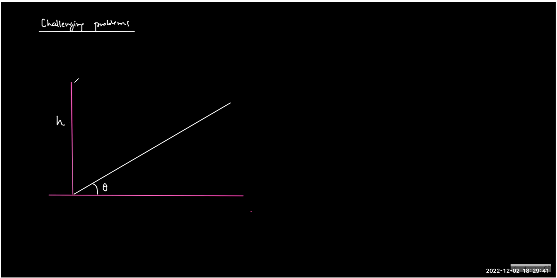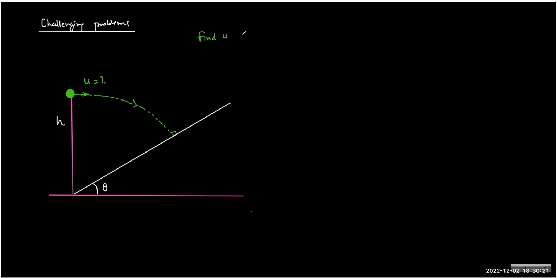From height h, you throw a ball in the horizontal direction with speed u such that it is hitting the plane exactly at a right angle. How is it hitting? At a right angle. So I have to find the value of u which can make this possible.